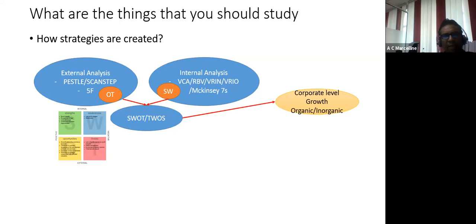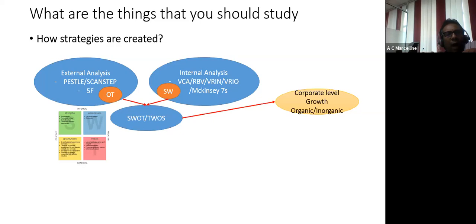Inorganic, you combine your organization with somebody else. You merge, or you acquire, or you go on a strategic partnership. The strategic partnership could be legally bound, like joint ventures, or not much legally bound, like strategic alliances. So you could go on different forms.